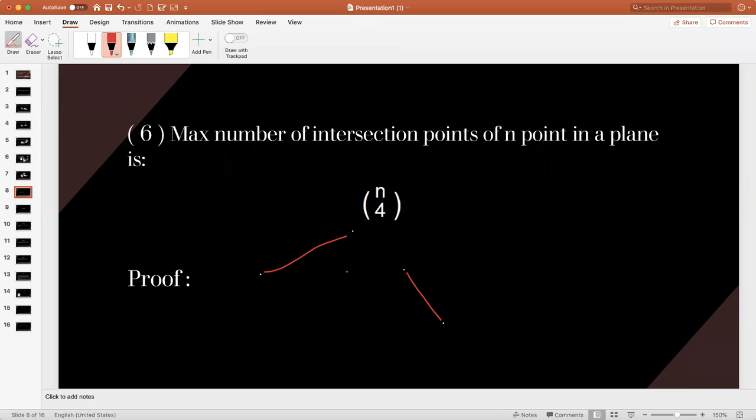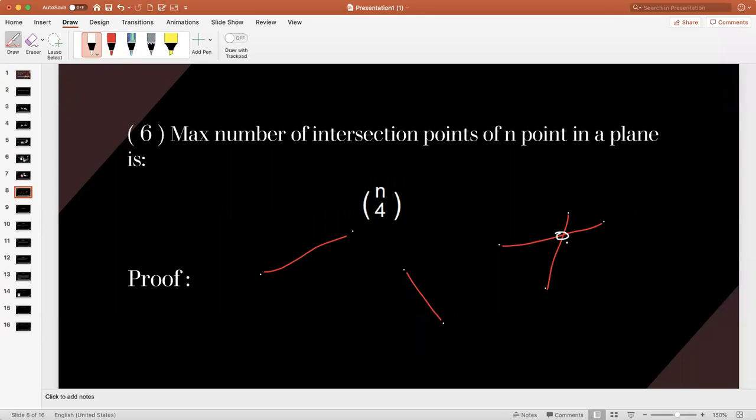Since we have 4 dots here, after we pick any 4 points, like 1, 2, 3, and 4, there's only one way to connect these points such that there will be an intersection point between those 4 points. The intersection is right here.